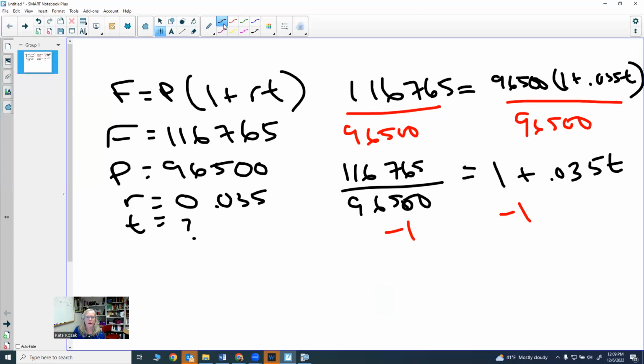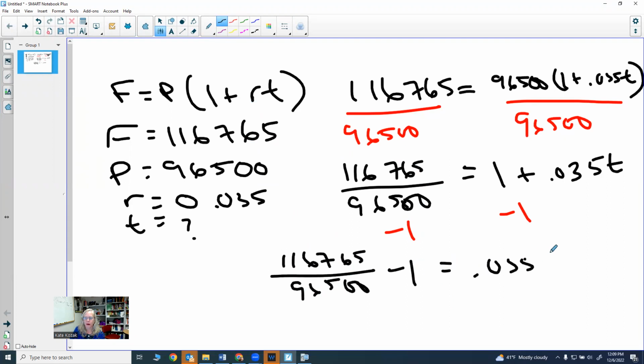Again, I don't want to simplify this yet because I don't want to cause rounding error. So I still have 116,765 divided by 96,500 minus 1, and that's equal to 0.035 T.